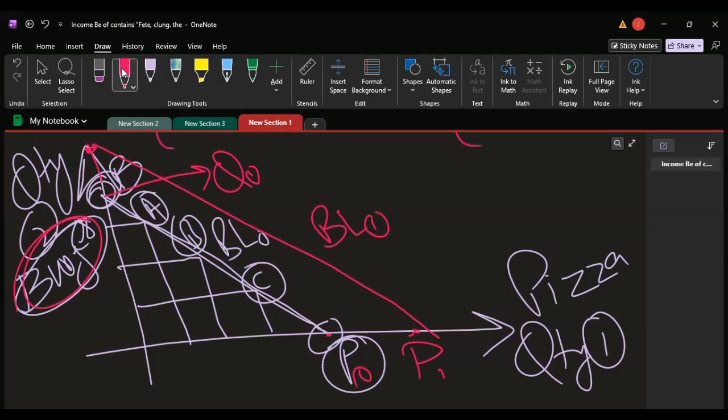Here you see that when the income of the consumer increases, his purchasing power increases and he purchases more quantity of both products. So this new budget line represents different combinations of both products, that is pizza and burgers.